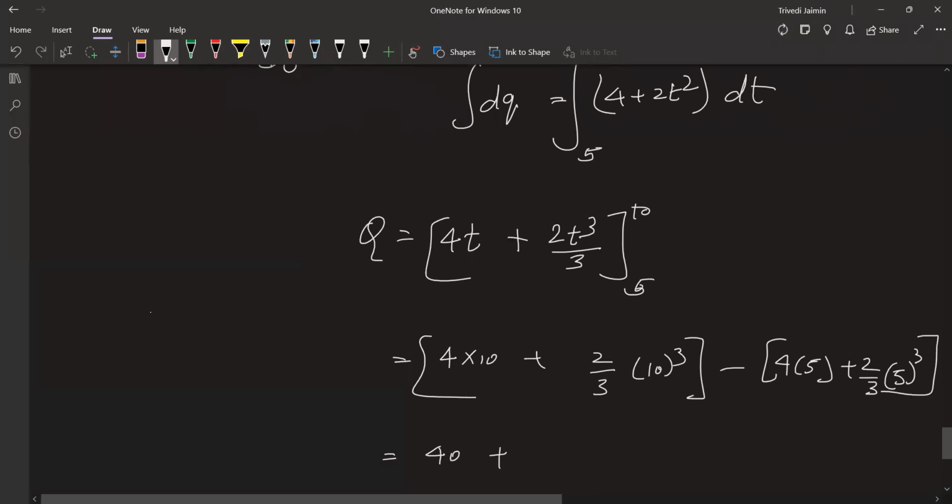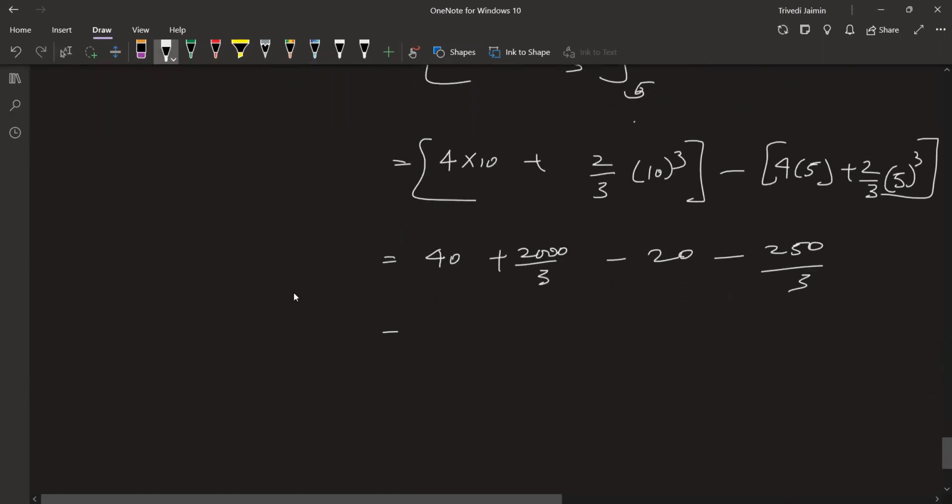Forty plus 2000 by 3, minus 20, minus 250 by 3. That gives 1750 by 3.